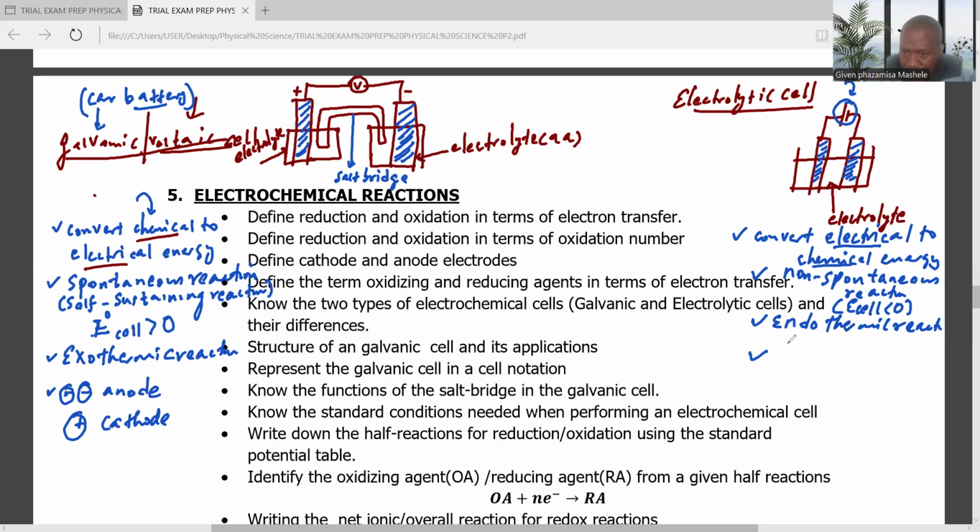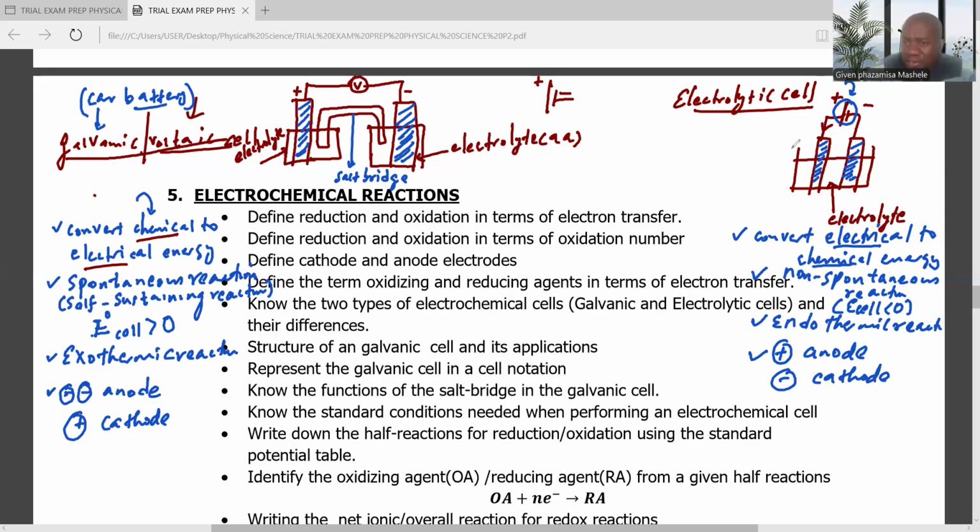The positive is the anode, and the negative is the cathode. Why is this possible? It's because when we connect a power supply, the longer line on a battery is the positive, this one is the negative. So if we have a plus and a minus, it means current will come this side.